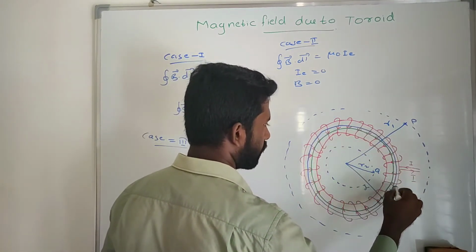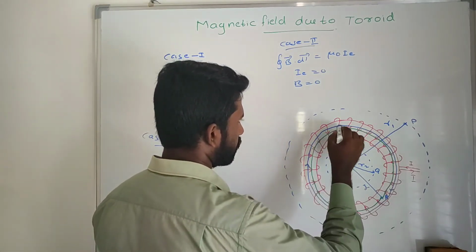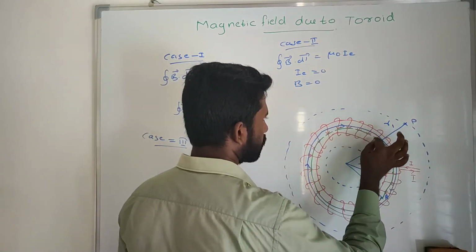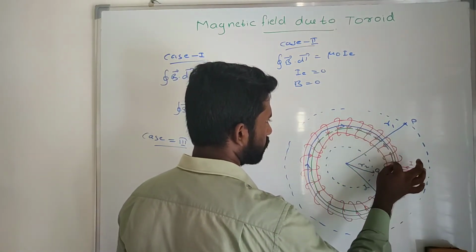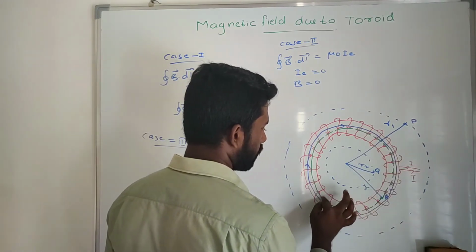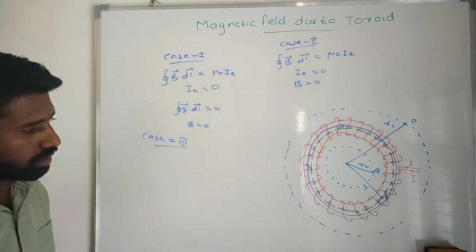This is the magnetic field direction. This green color is the Amperian loop and the blue color is the magnetic field direction. Okay, clear?